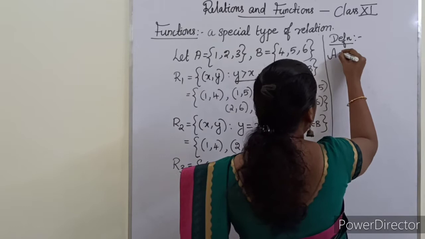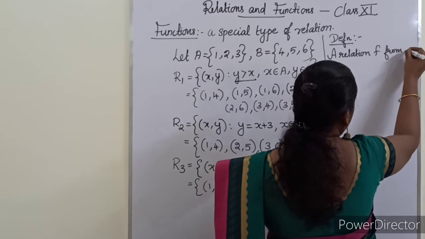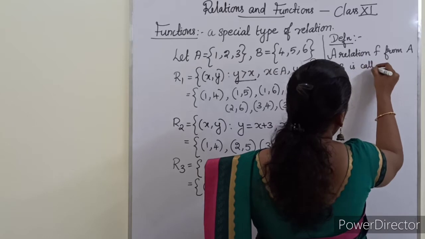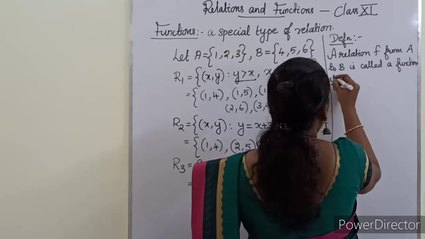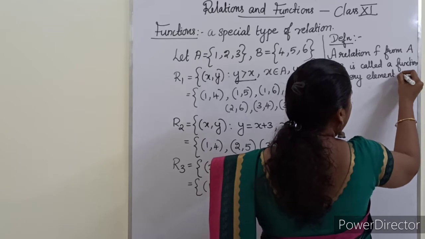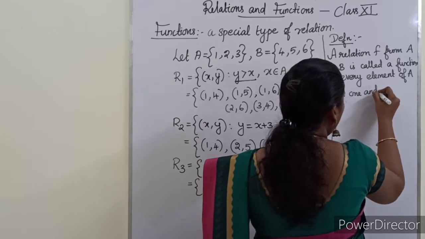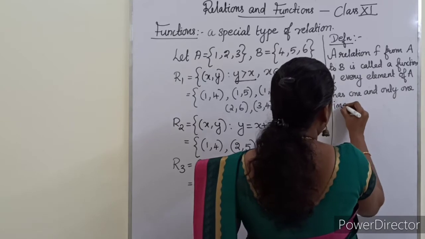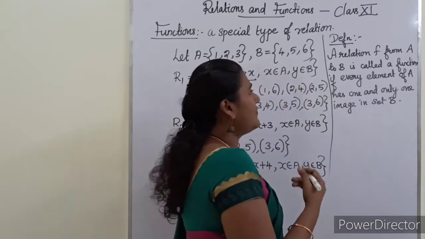A relation f from set A to set B is called a function if every element of A has one and only one image in set B. So this is the definition of function given in the textbook.